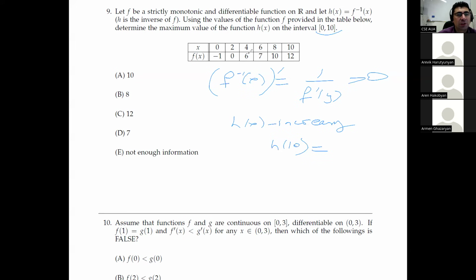It's 8. h(10) is 8. Yes. So as you said, guys, the same table we can use for the inverse function, but now h(x) is this, or let me write h(y) here and y here. So the value at 10 is 8. That is the correct answer.